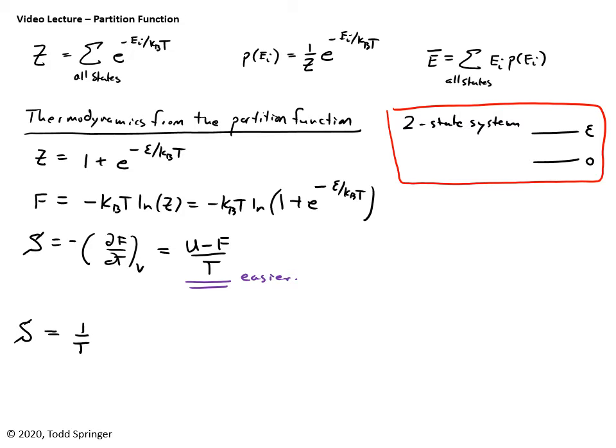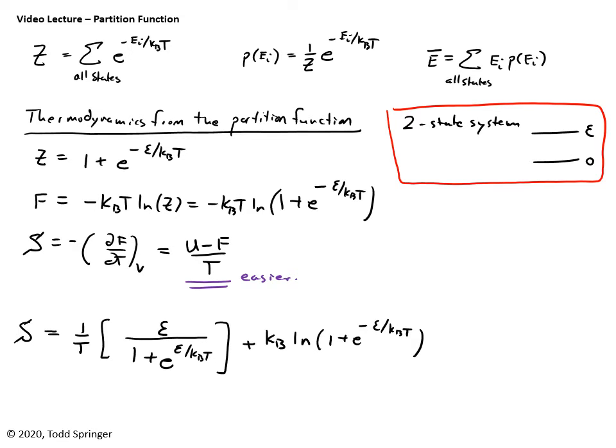So it's 1 over T times epsilon over 1 plus e to the epsilon over kBT. And then I have to do minus F divided by T. F has a minus sign in it, so the minus F is going to come with a plus sign, plus kB, there's no T because the T cancels, natural log of 1 plus e to the minus epsilon over kBT. So that's the expression for the entropy of this two-state system as a function of T.